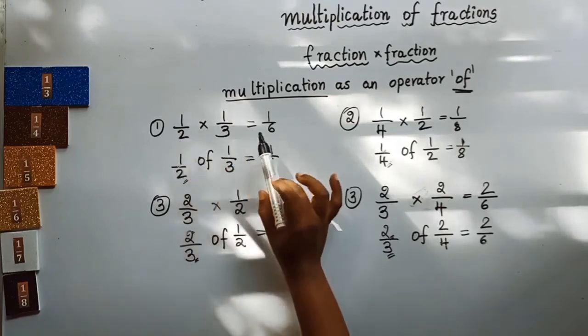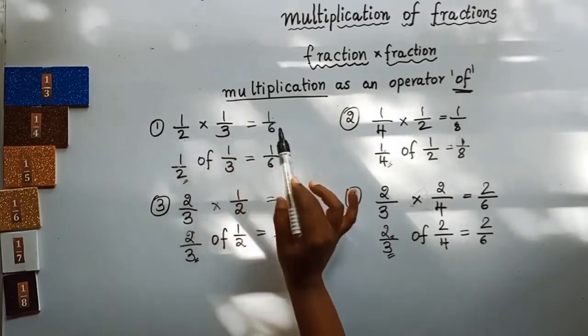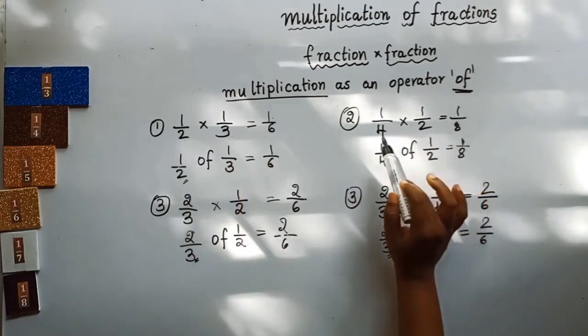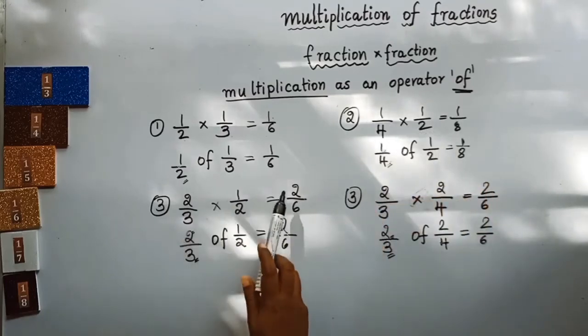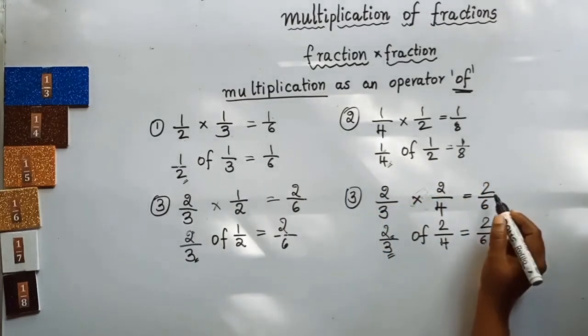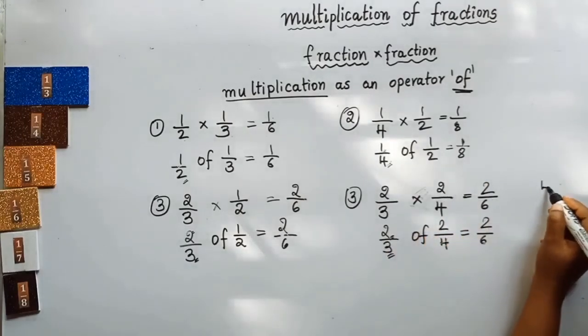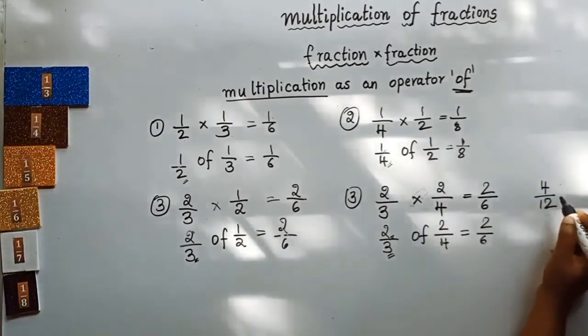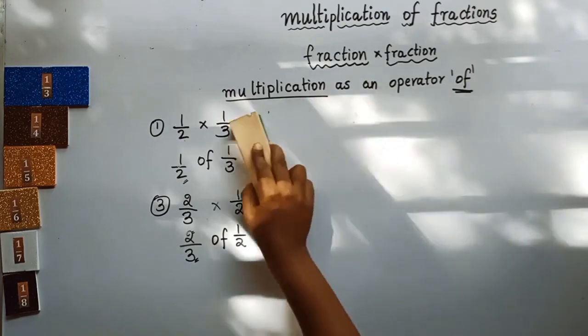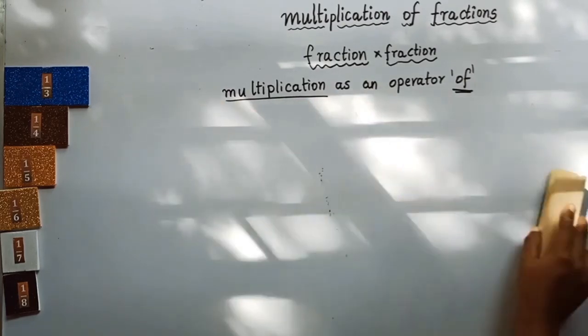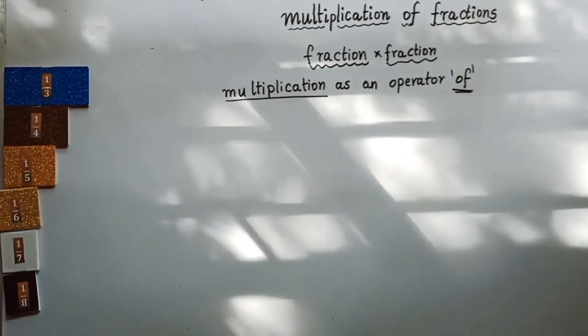See here, while multiplying a fraction with a fraction, 1 into 1, 1; 2 3s are 6. 1 into 1, 1; 4 2s are 8. 2 into 1, 2; 3 2s are 6. 2 into 2, 4; 3 4s are 12. That is equal to 2 by 6.